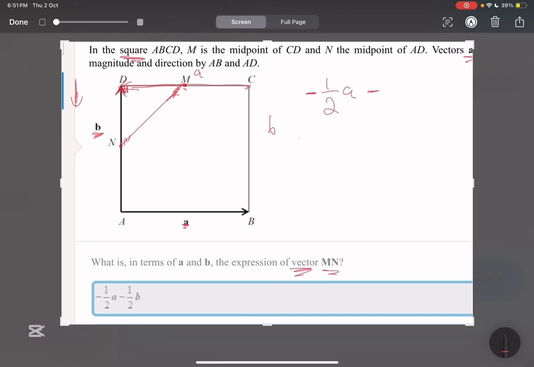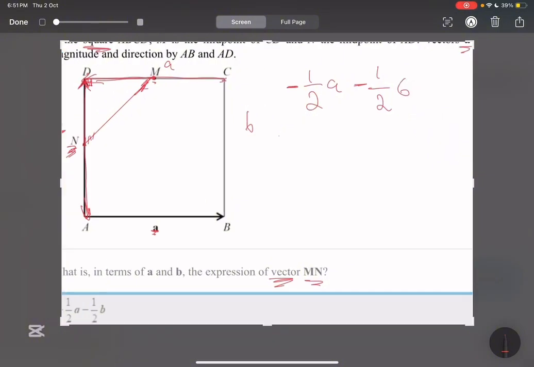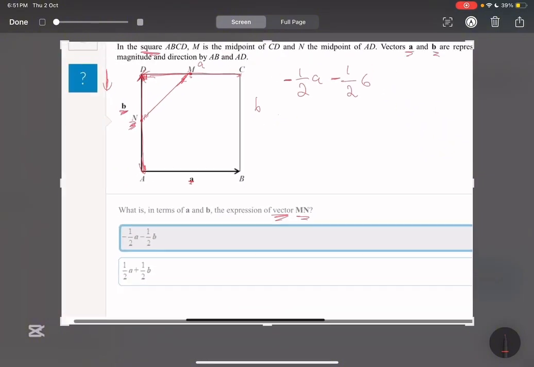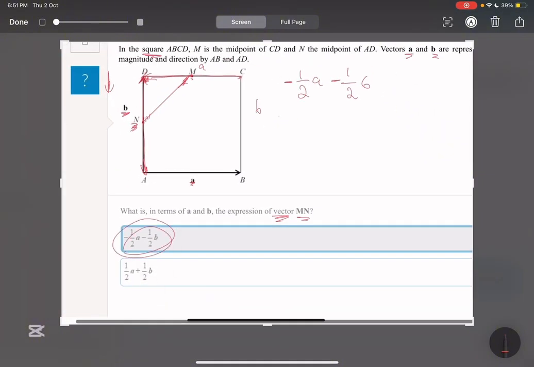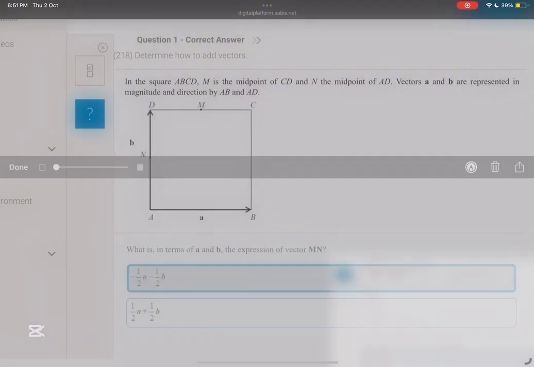So it's gonna be negative 1/2 A minus, okay, something B. B is now, since we flipped it, it's not A to D anymore, it's D to A, okay? But they only want until N. N is the midpoint, so it's half of B, okay? So negative 1/2 A minus half of B, and it's here, okay?